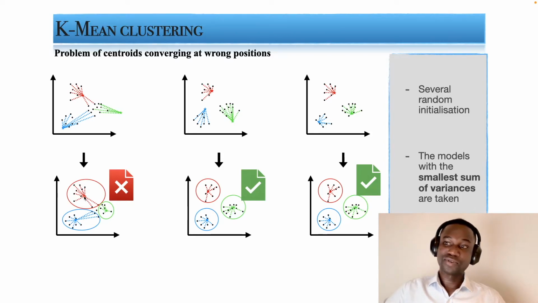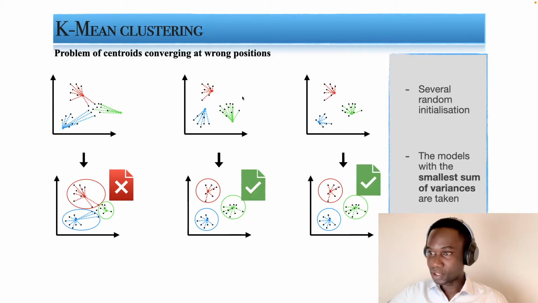So the solution to this is very simple. We initialize the centroids in several ways. Let's say in this group, we can see the initialization started from here, here, here. Then we change the initialization, we change the initialization again, and we simply run the code. We do the steps, and we get the equilibrium for each initialization.